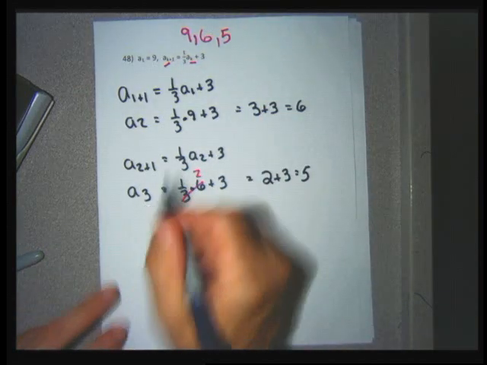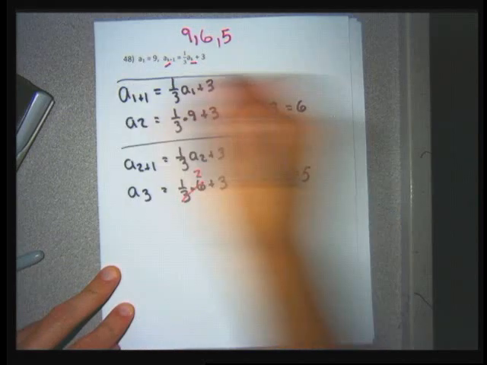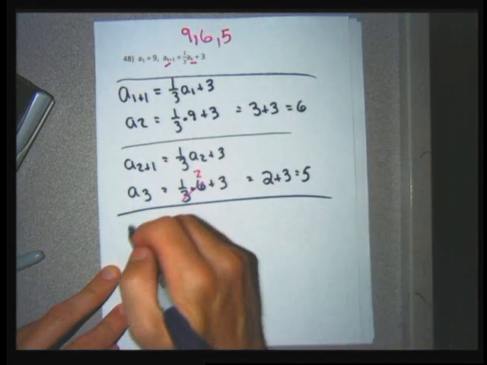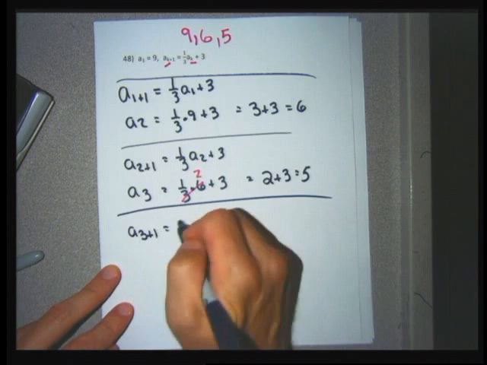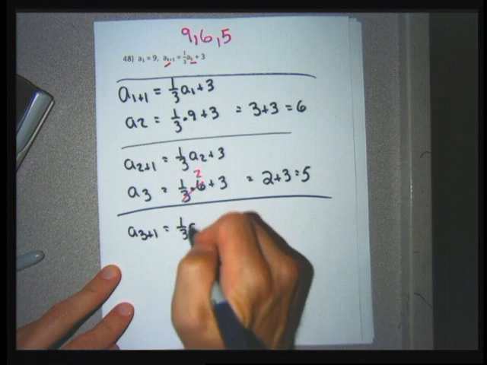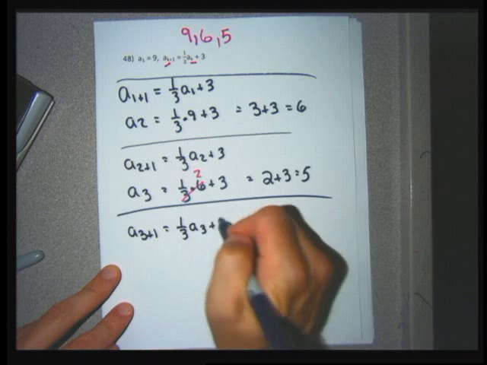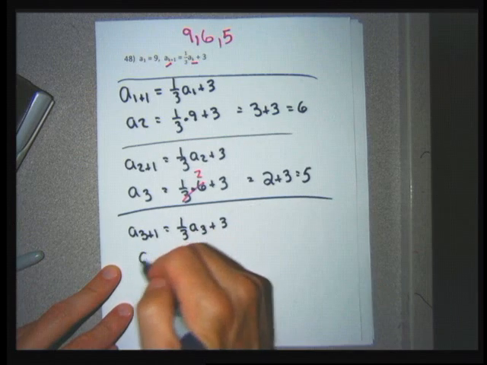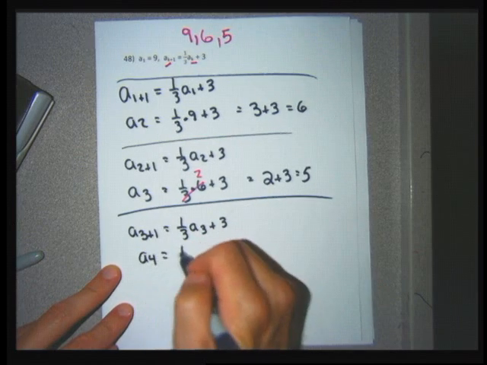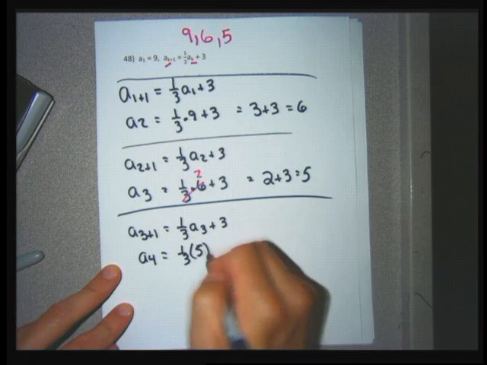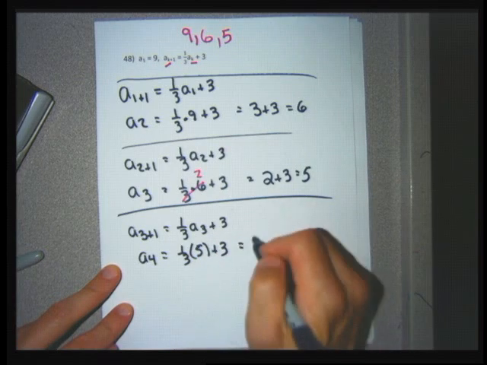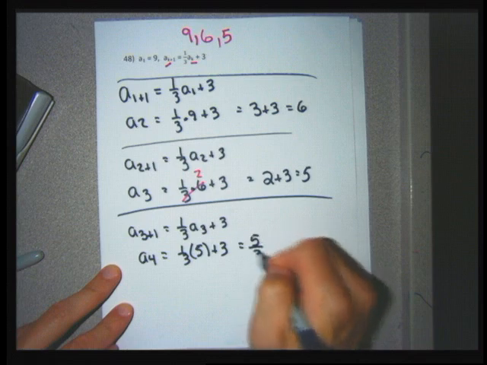Plug in 3 for k, so I did k equal to 1, k equal to 2. Now I'm going to do k equal to 3. A sub 3 plus 1 equals 1/3 times a sub 3 plus 3. This gives me a sub 4 equals 1/3 times a sub 3, which is 5, plus 3. 1/3 times 5 is 5/3.